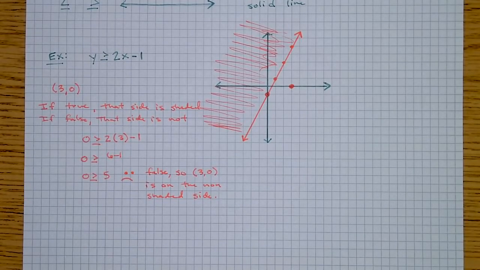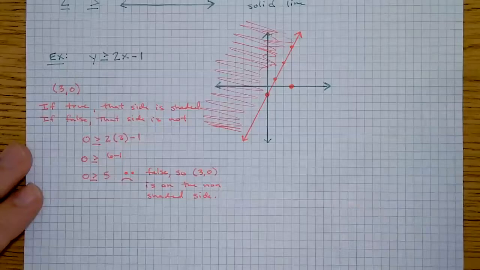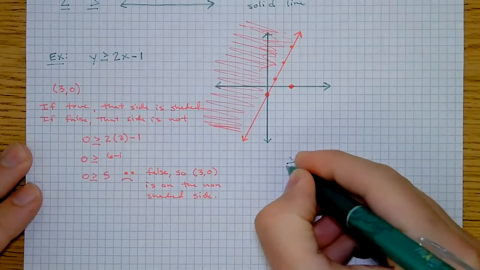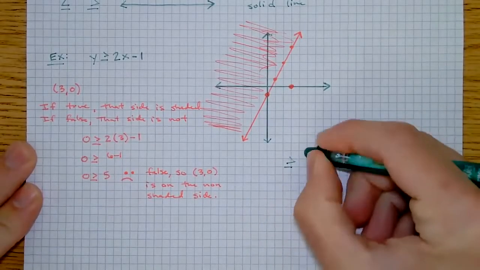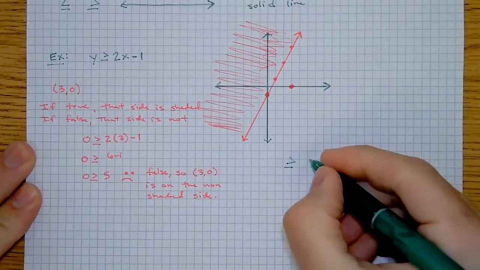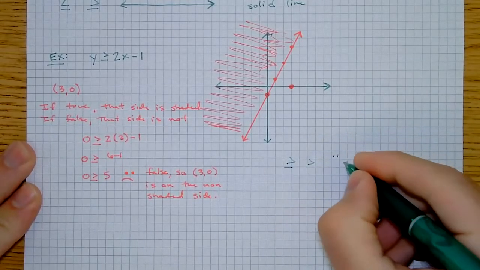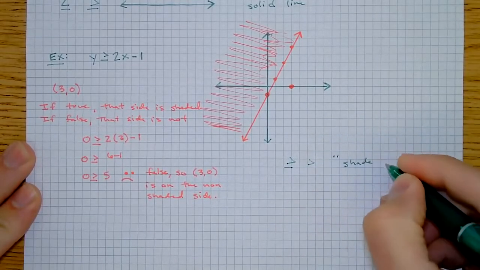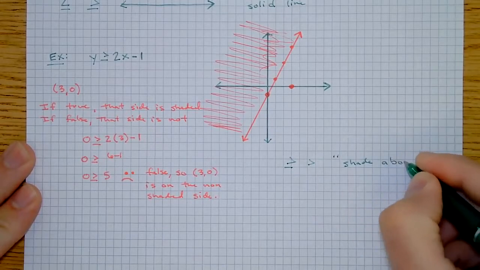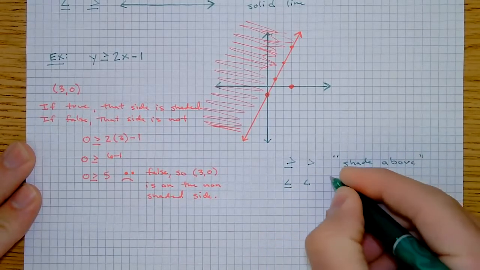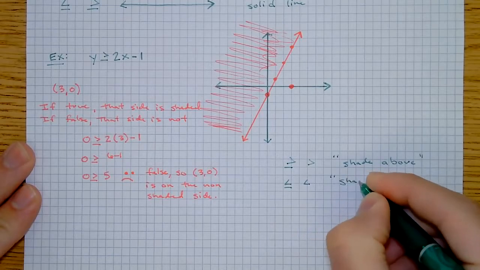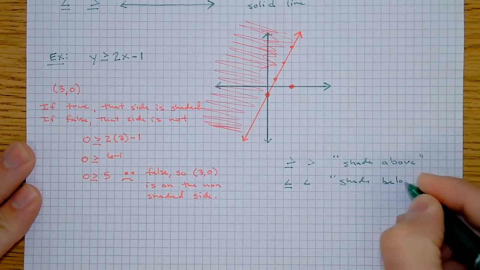A kind of non-perfect way would be, if you have y is greater than or greater than or equal to, one way to think of it is you're shading above. If it's less than or equal to, you shade below the line.